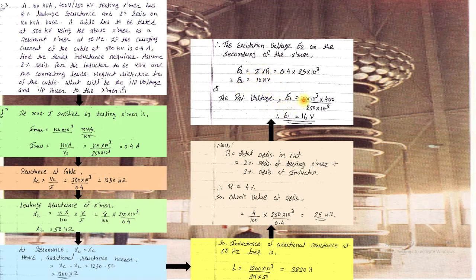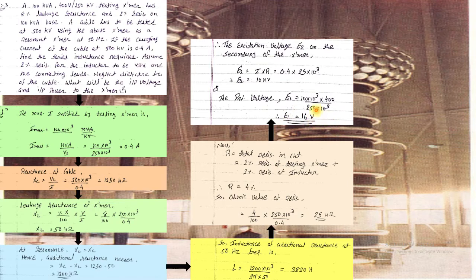At the primary side, E1, the voltage induced at the primary side, is the transformation ratio Vp upon Vs into E2. Based on that equation, the primary voltage will be 16 volt only.